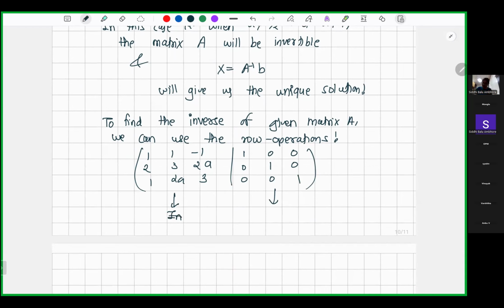So I hope you know what this I_n means. This is the identity matrix, I3 here. When I convert this matrix into I3, whatever row operations I'm performing here, I will be performing the same operations on the right-hand side. And the resultant matrix which I get when I get the identity matrix on the left-hand side is my inverse of this matrix A. Is that okay?